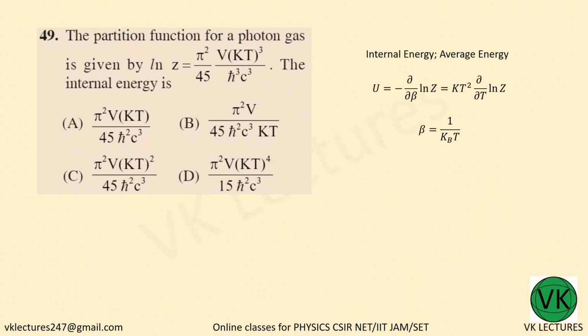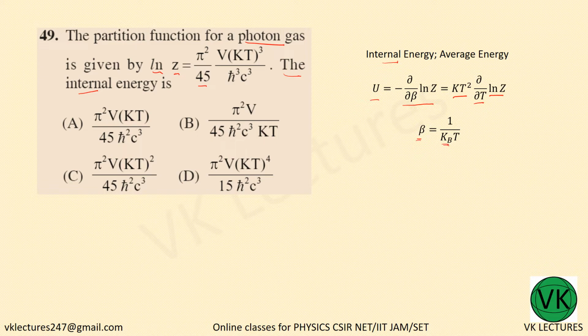The partition function for a photon gas is given by log z is equal to pi square by 45 into V into kT whole cube divided by h cross cube c cube. The internal energy, or the average energy, is given by U is equal to minus dou by dou beta of log z, or in terms of temperature, kT squared into dou by dou T of log z, where beta is nothing but 1 by kBT, and kB is the Boltzmann constant.